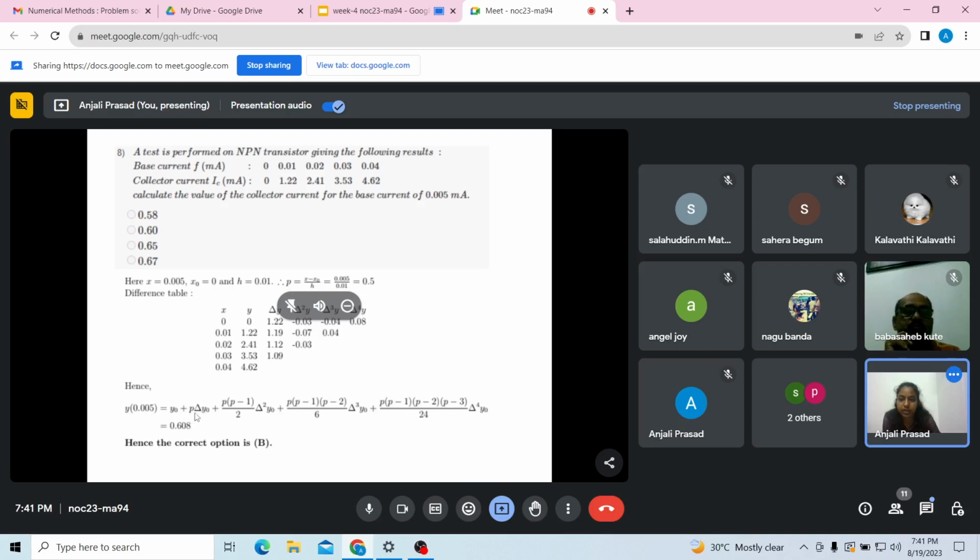That is 0. Del y naught is 1.22. Then del square y naught is minus 0.03. Del cube y naught is minus 0.04. And del 4 y naught is 0.08. And substitute the values of p. So, you will get 0.608.